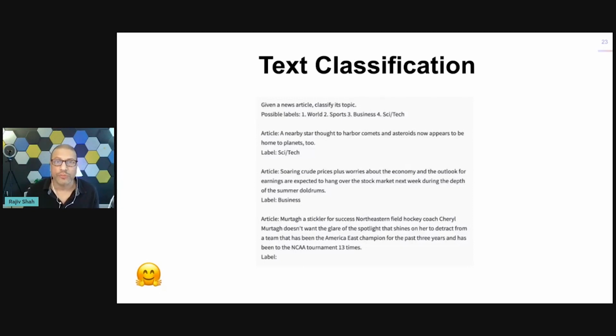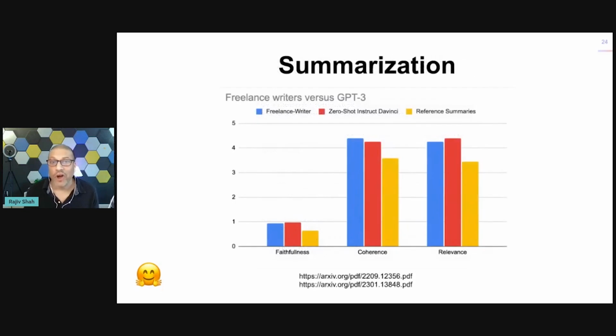And when I use large language models for something we've all seen, like summarization, the performance of these large language models for tasks like summarization is right up there with human level performance. So in this graph, you'll see that the freelance writer and the zero shot instruction Da Vinci, a kind of GPT-3, are right there together. And I think we've probably all experienced this if you use Claude or GPT, how close they are to the human level.